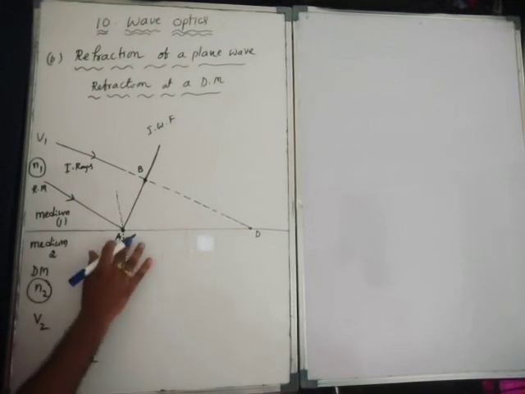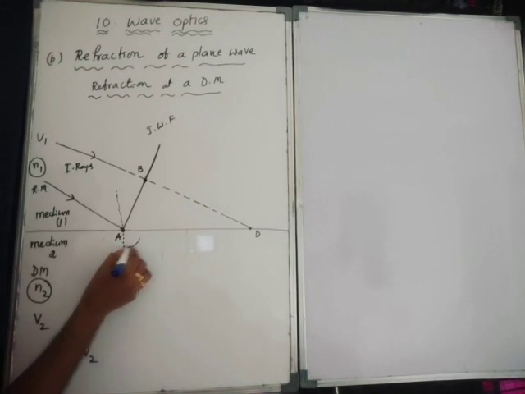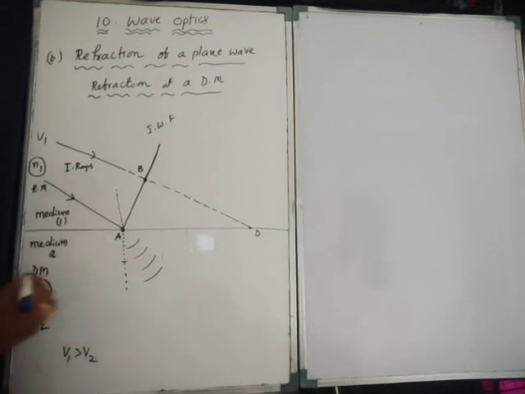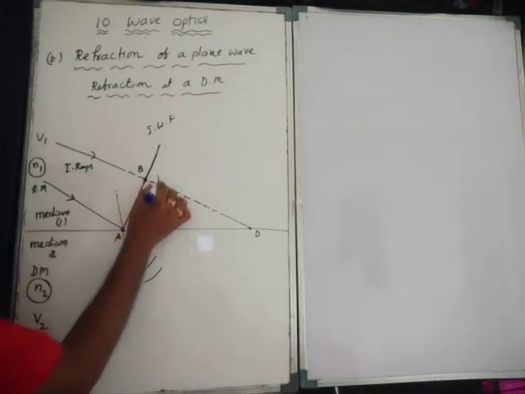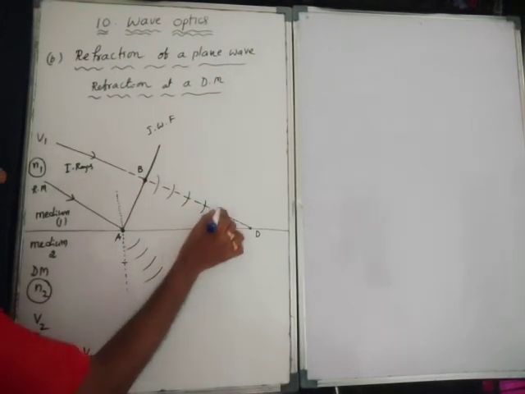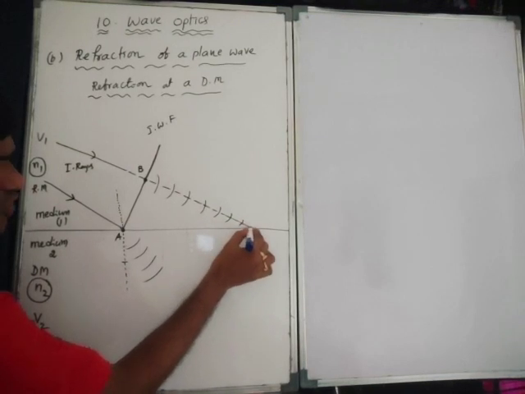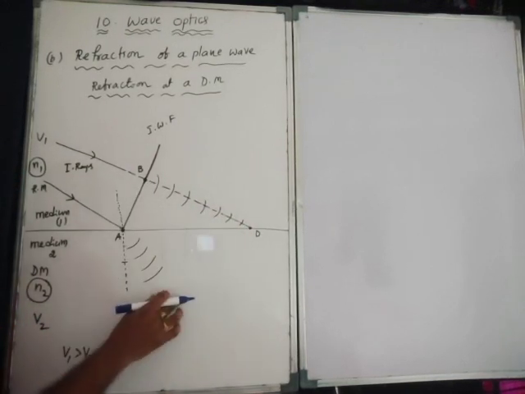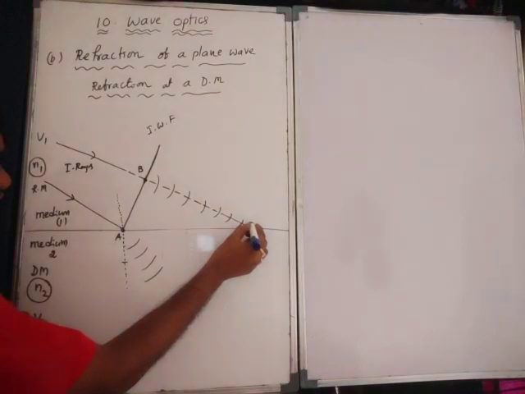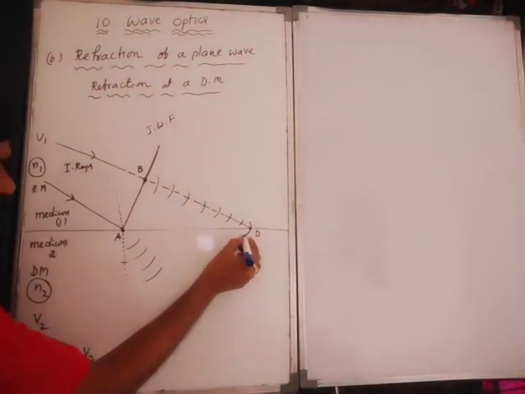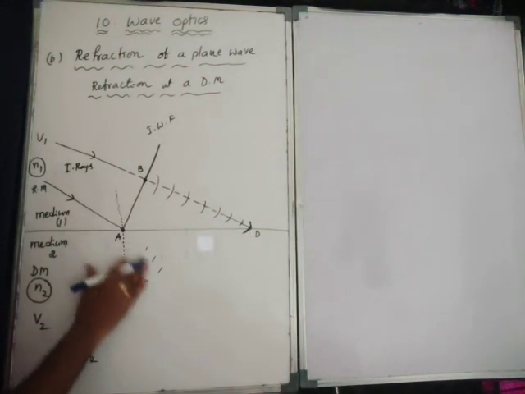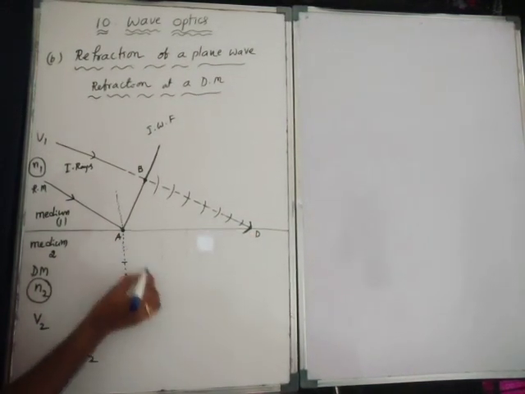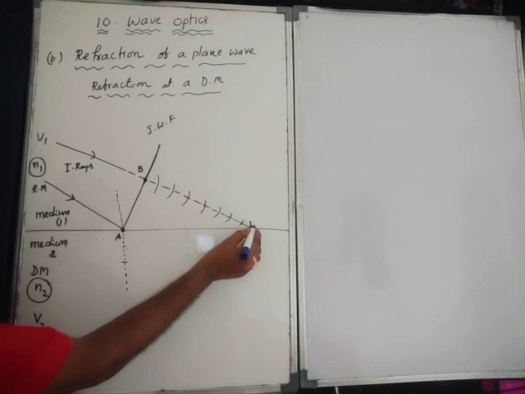Similarly here also they can form like that. So here is one secondary wavelet. Now here I will consider one more secondary wavelet. From here to here I can draw directly.